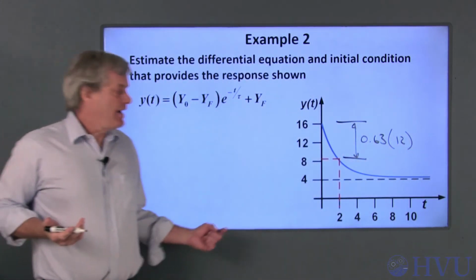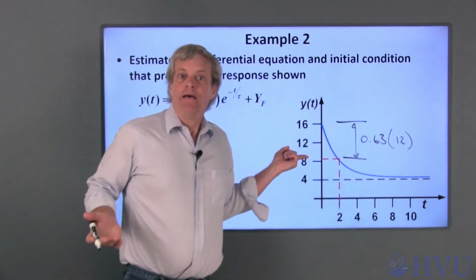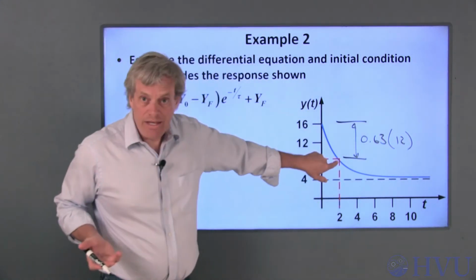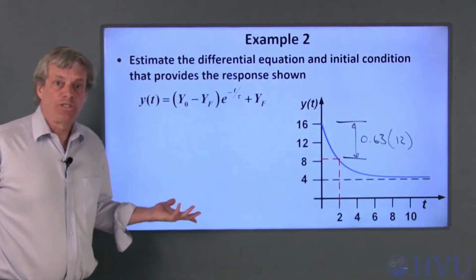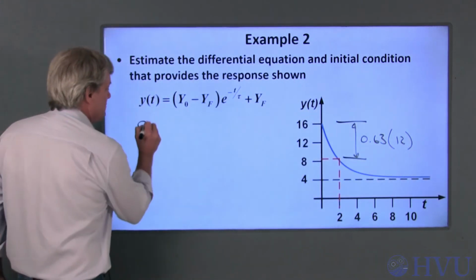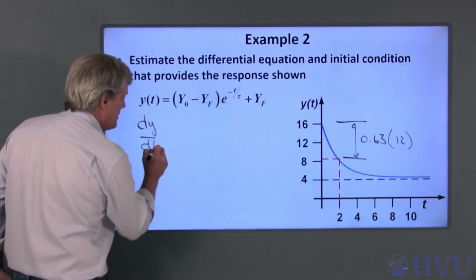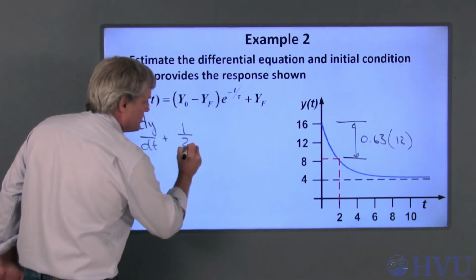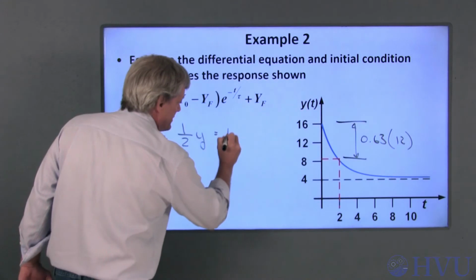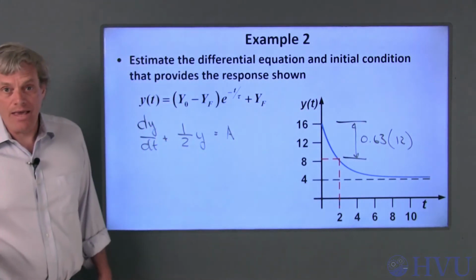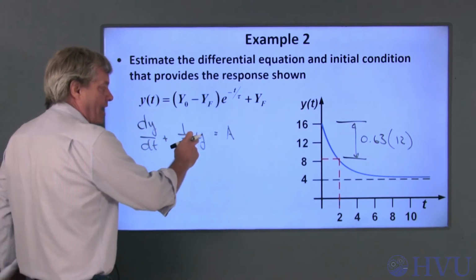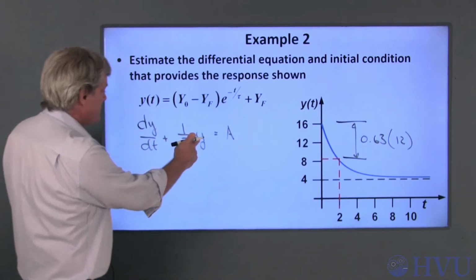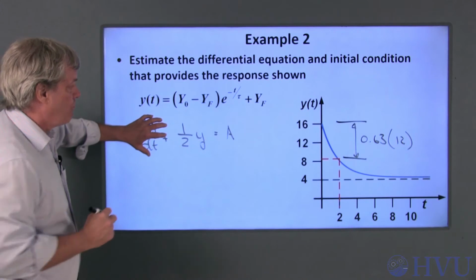That means that the time constant is the time at which the value of the function is about here, so the time constant is 2 seconds. Since tau is equal to 2, the differential equation has the form dy by dt plus 1 over tau, which is 1 over 2, times y is equal to some number a. Y at infinity is the value of y as t goes to infinity, which is a constant, which means this derivative goes away.